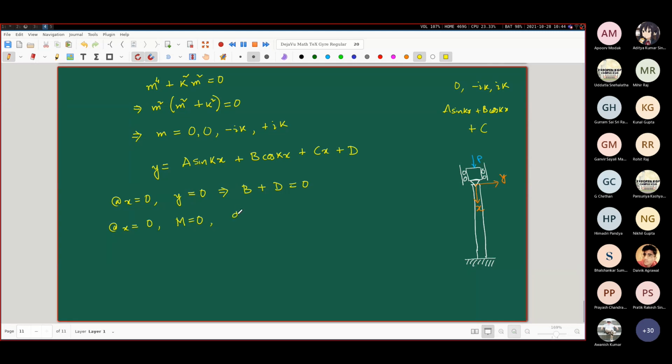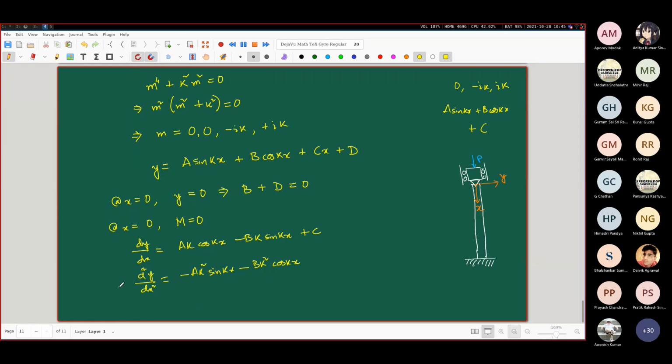So let's do this. dy/dx is equal to ak cos kx minus bk sin kx plus c, and d square y/dx square is equal to minus ak square sin kx minus bk square cos kx.